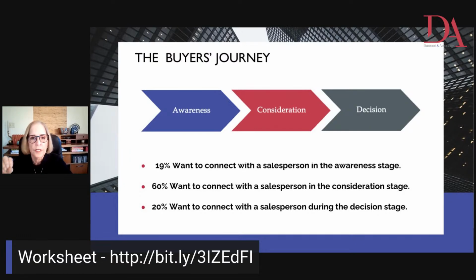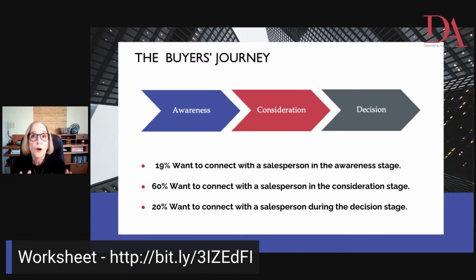Okay, the second stage is consideration. Now, in this stage, they know they've got a problem, and they know what's causing it. So in the awareness stage, let's say that their revenue fell during the fourth quarter of last year, as we finally moved out of the pandemic, or primarily moved out of it.